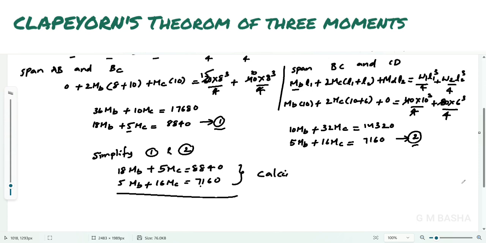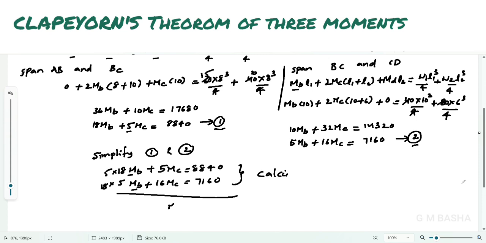Otherwise what we have to do, we have to do like this. For example, you can multiply this one with 5 and we can multiply this one with 18, so you will get both MB values equal. So you will make this one 0, and whatever again here you multiply with 5 means you will get 25, and again here 18 means you will get some more value for MC.